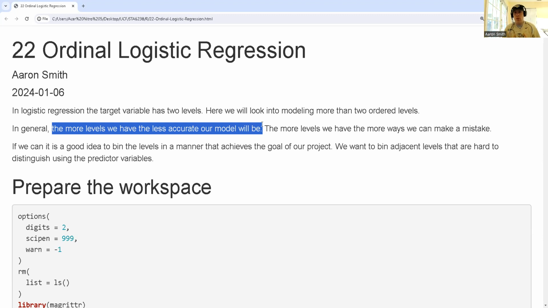So there are fewer ways to make a mistake. In that situation, calling it low when it really would have been very low, or calling it very low when it would have been low, isn't a penalty, isn't a mistake. I have to be in a situation where, for my stakeholders, it's okay to not worry about this. So if you can, try to bin your categorical and ordinal levels as much as you can, if your stakeholders and your business problem allow it.